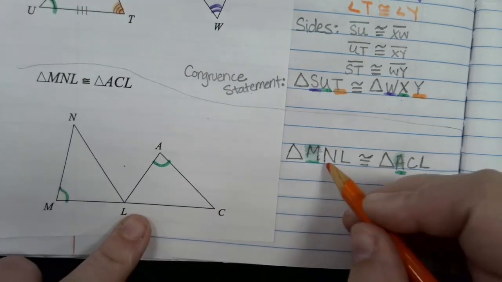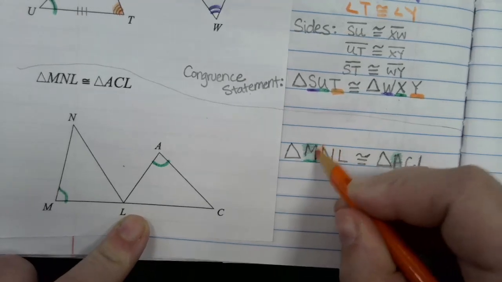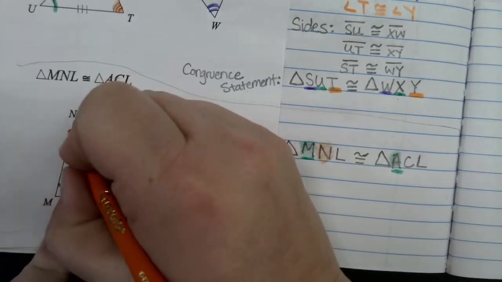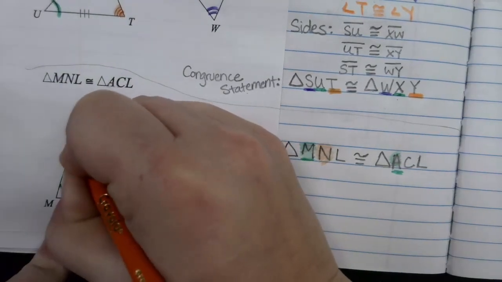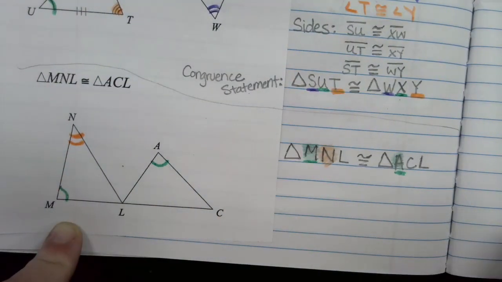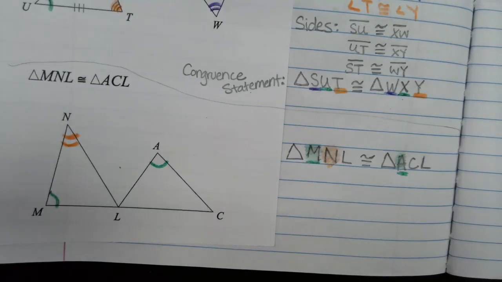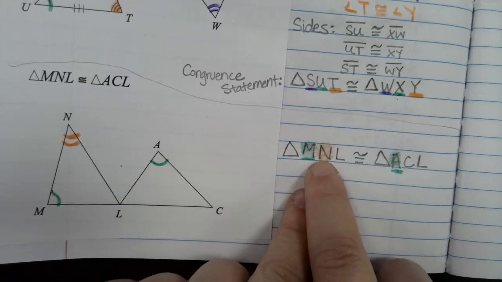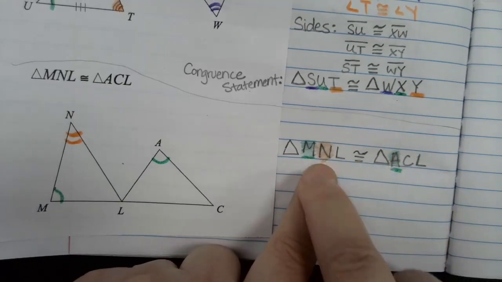All right, then we have N. N comes next in our congruent statement. So I'm going to give that one 2 arcs. How did you know C, Tyke? Good, it's corresponding. With N moved over here, what would it match with?